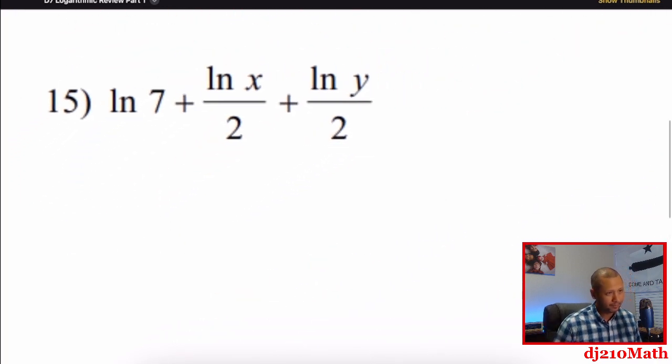All right, 15. This can look very intimidating because of the fractions, but understand that the natural log x and natural log y, that's a number, right? That's a figure that's being divided by 2. So it's not like the divided by 2 is part of the argument.